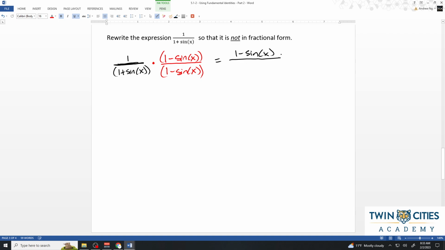This is over something. Now to multiply these two on the bottom, I can use a box. And I can say 1 plus sine of x and 1 minus sine of x.